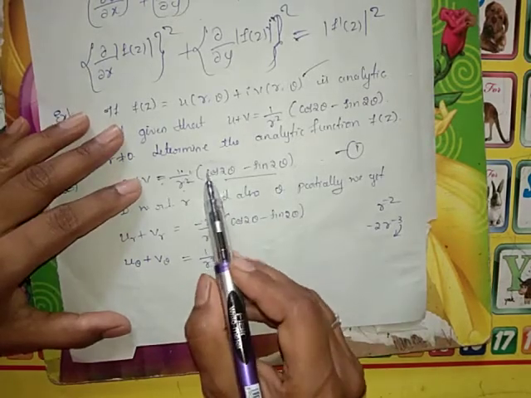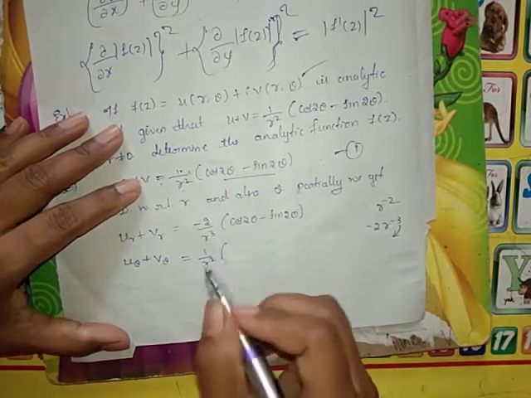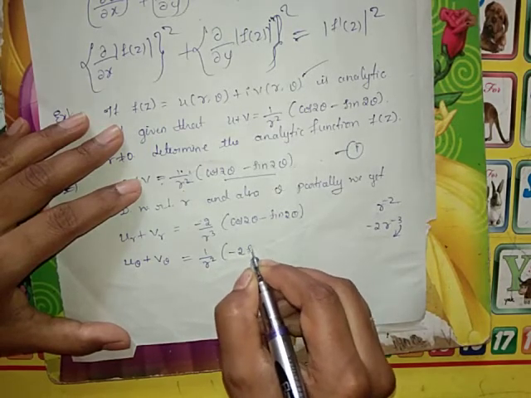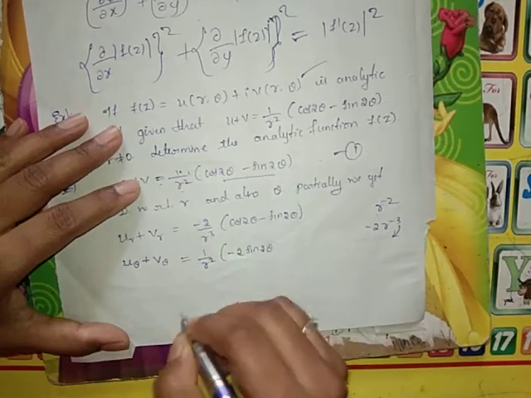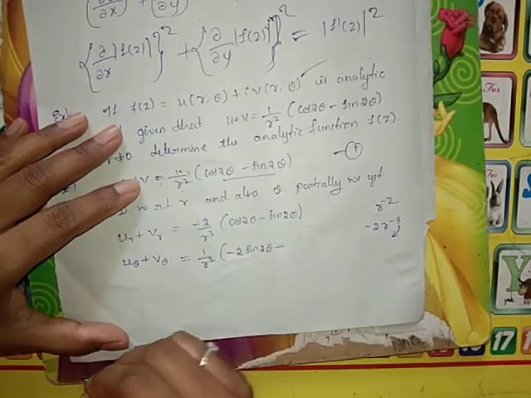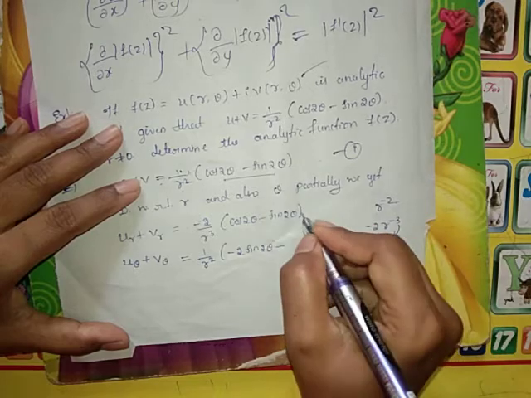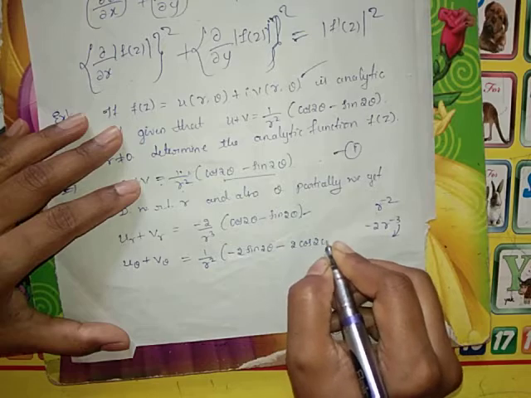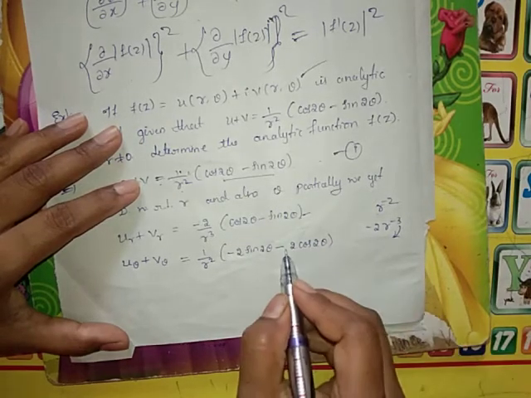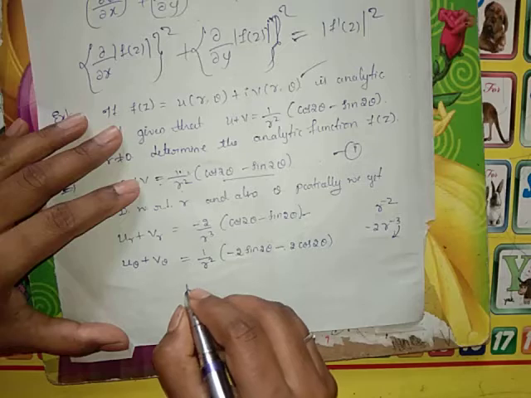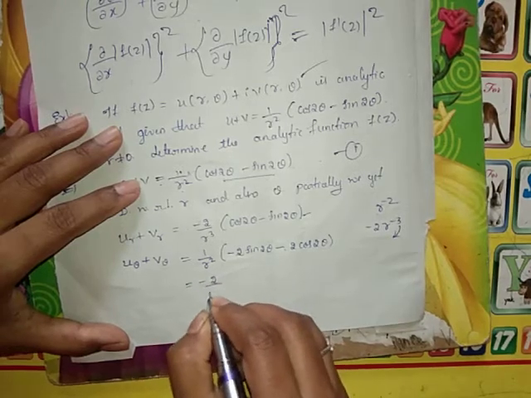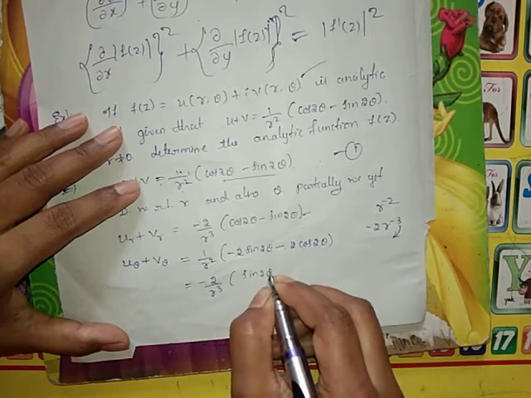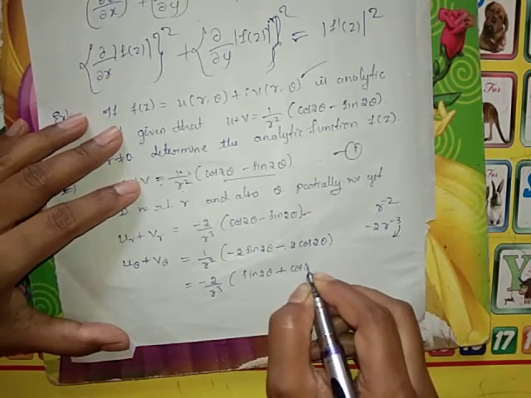Now derivative of cos 2 theta is minus 2 sin 2 theta, minus derivative of sin 2 theta is 2 cos 2 theta. Here also minus 2, here also minus 2. Take the minus 2 common outside: minus 2 divided by r cube into sin 2 theta plus cos 2 theta.